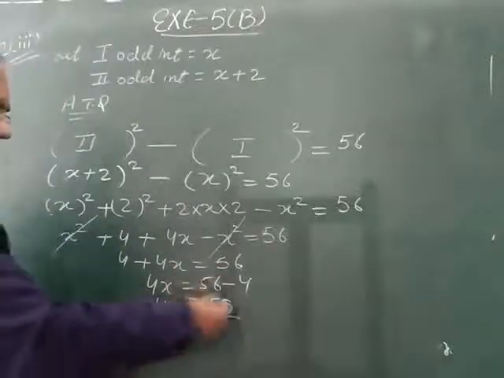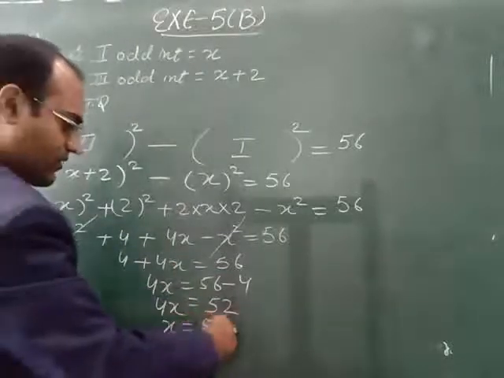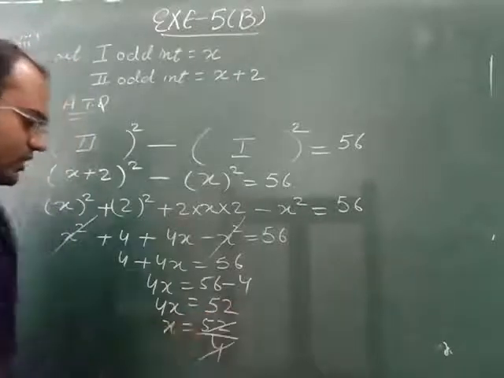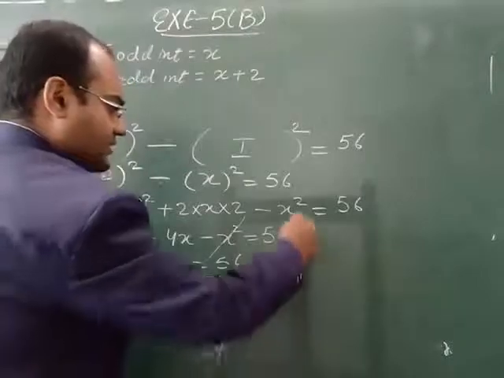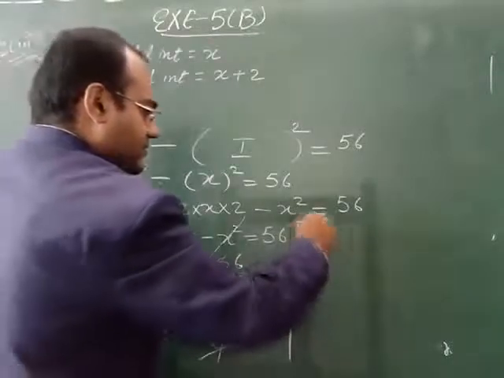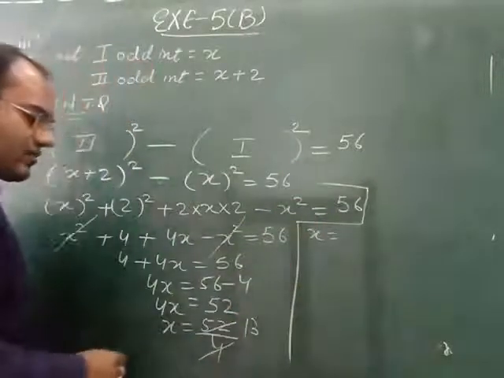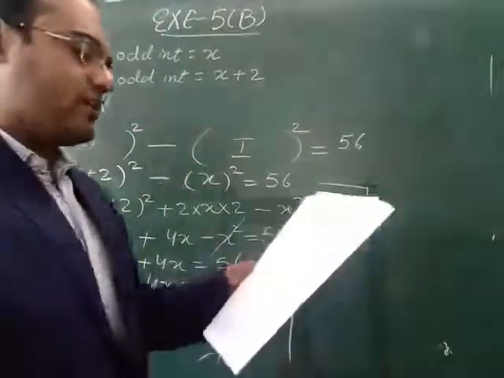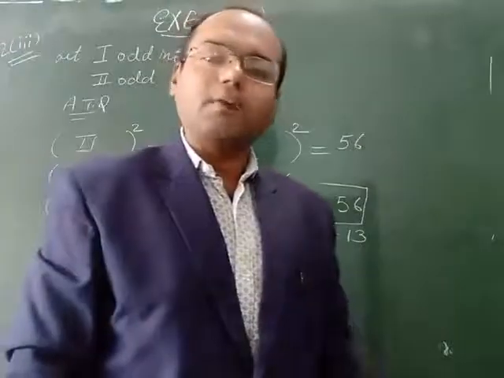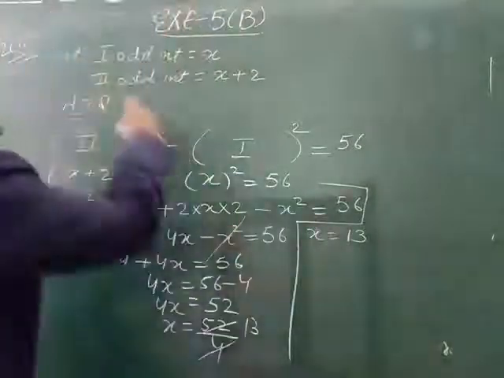Now this 4 will come in divide. So x is equal to 52 divided by 4. These two get cancelled. So the final answer of x is equal to 13. What do you have to find in the question? You have to find the numbers. How many numbers are we having? 2 numbers.